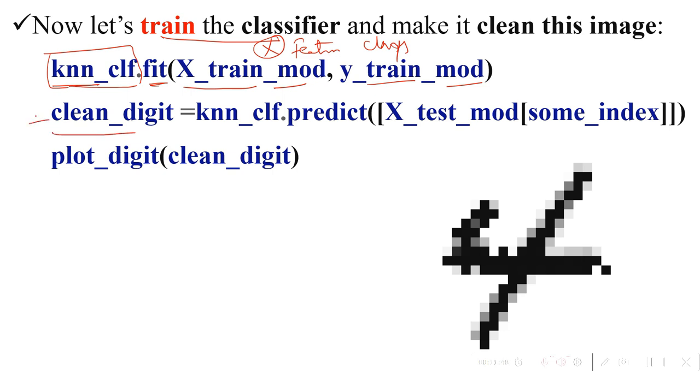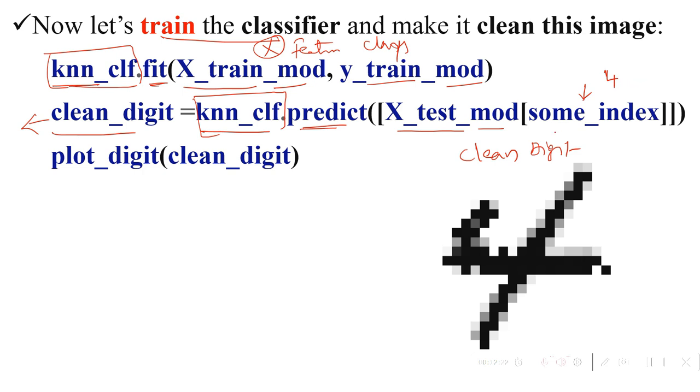Then clean_digit. How are we going to get the clean digit? With the KNN classifier model we predict using the predict function, KNN_classifier.predict, providing X_test_modified for a given image at some index value, suppose the index is 4 or 3.